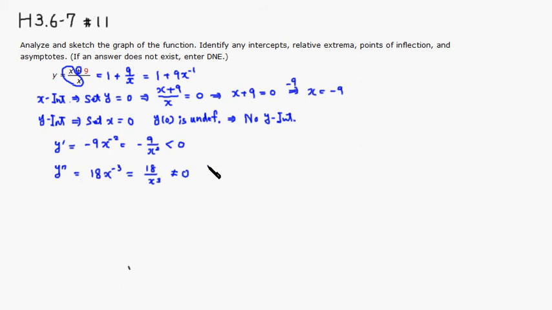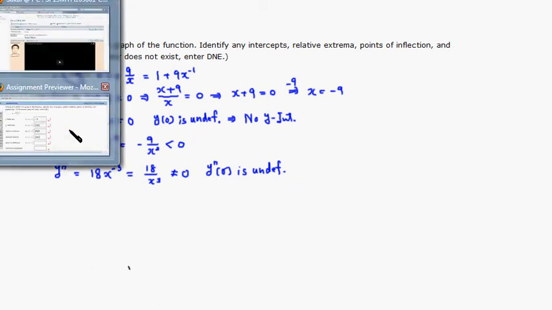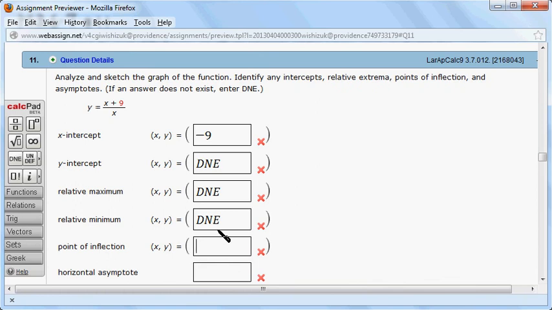We know that y double prime at 0, because the denominator is 0, is undefined, but 0 is not included in the domain because the original function has x on the bottom. So you could not have an inflection point at 0 either. So there's no inflection point in this case.